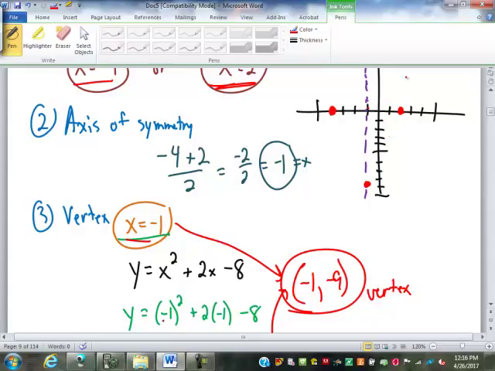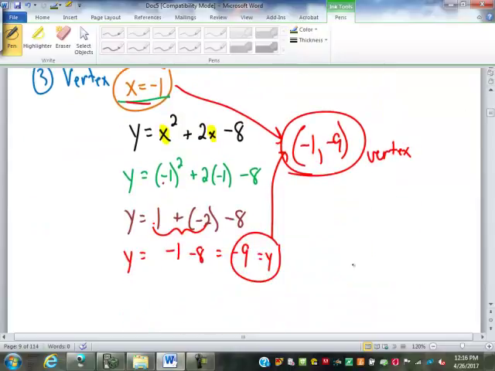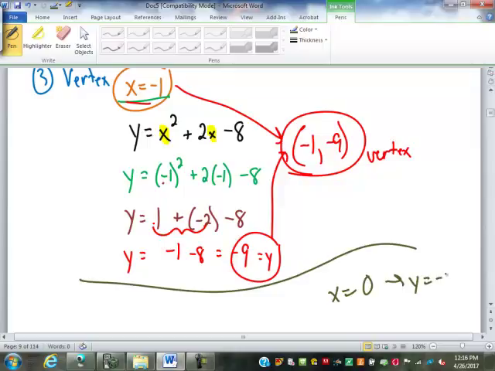If we wanted to, we could find more points and use this axis of symmetry. Let's say I wanted to find a point somewhere in here. Let's pick x equals 0. If I put 0 in here for x, and I'm running short on time, so I'm going to glance through this. 0 squared plus 2 times 0 is 0, minus 8. If x is 0, then y would have to equal -8.